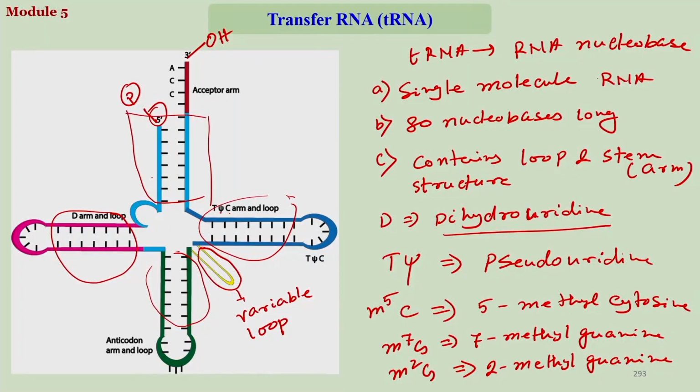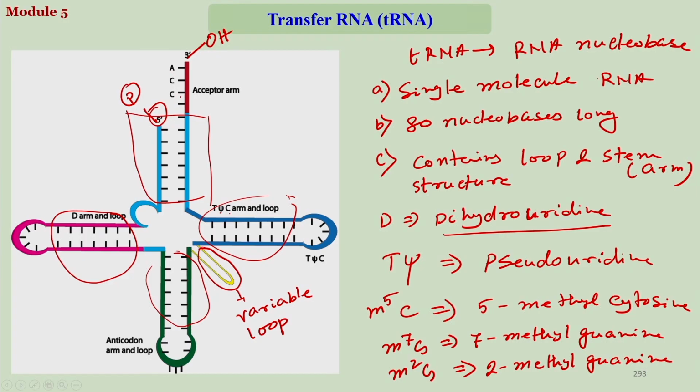Now coming back to the tRNA structures. This we have seen, this we have seen. Now here of course it has the partial double helix structure, and after the double helix is complete, there is a hanging region.